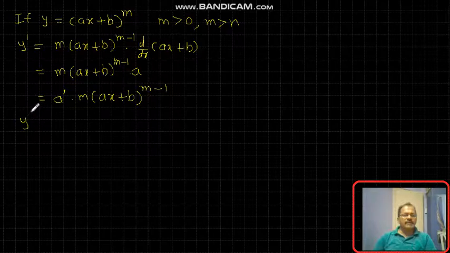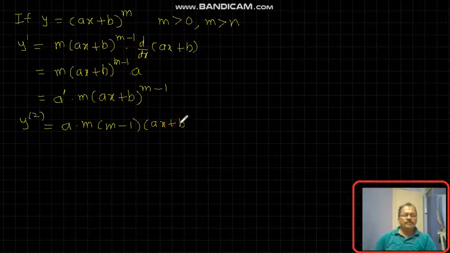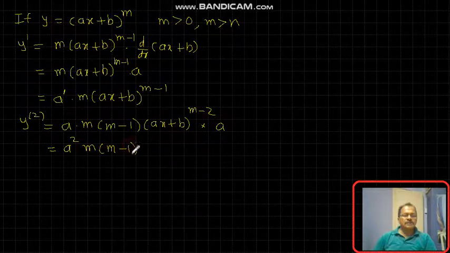The second derivative y double dash is a into m, constants as they are, into m minus 1 into (ax plus b) raised to m minus 2 into the derivative of the bracket, which is a. So it becomes a square into m into m minus 1 into (ax plus b) raised to m minus 2.